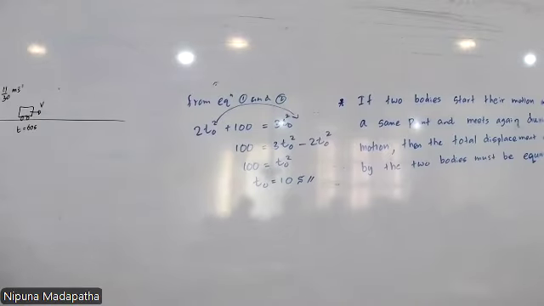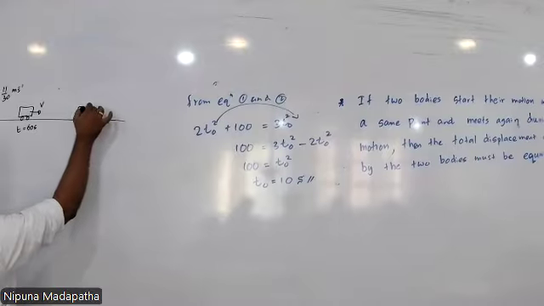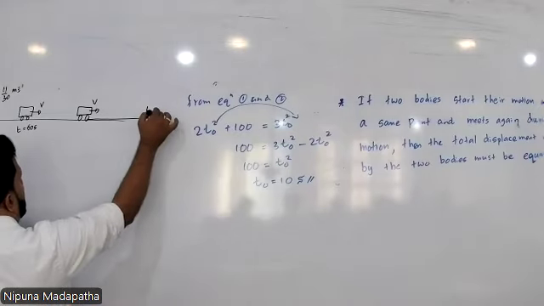Then it attains a velocity. After that, it moves with constant velocity in the next part. So the second leg, it is moving with constant speed. Finally it decelerates and comes to rest.